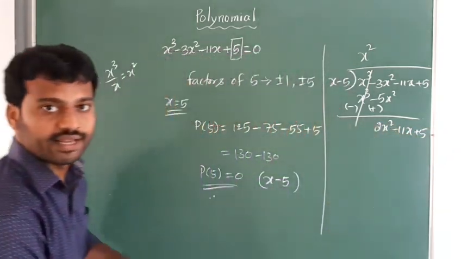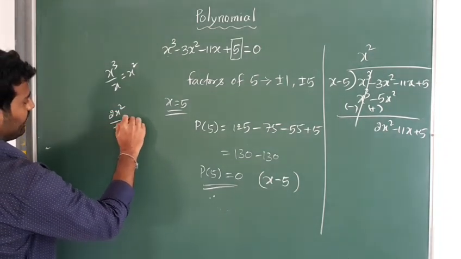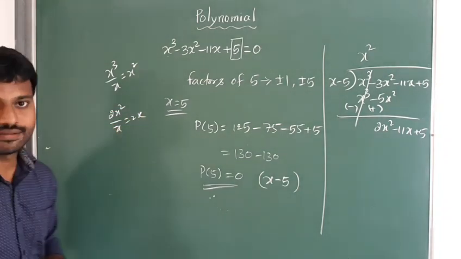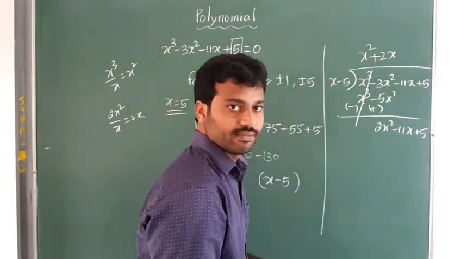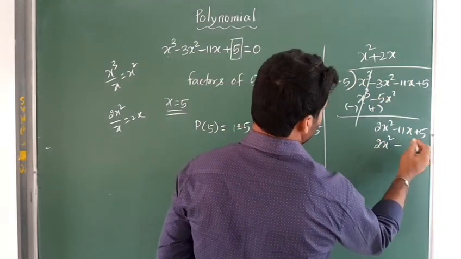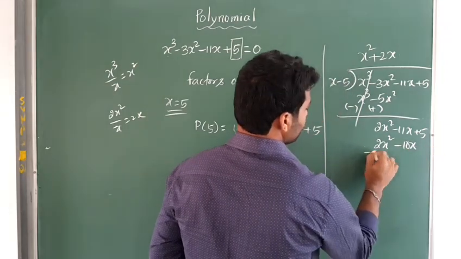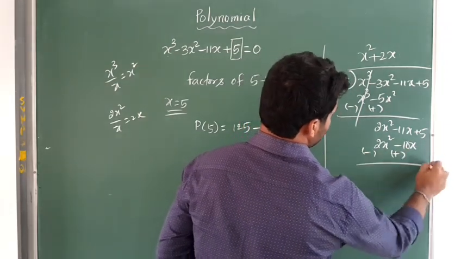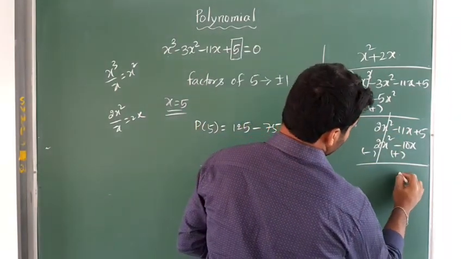Now again the leading terms: 2x square divided by x is 2x. Signs are very important. Plus 2x. x into 2x is 2x square minus 10x. Clear or not? Change the signs, this cancels.